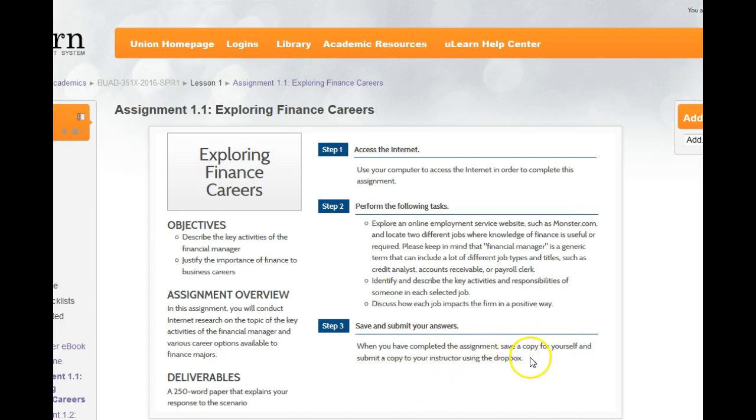But then when you've completed reading about it, identify and describe key activities and responsibilities of somebody in each selected job. You're going to pick out 3 of them. And they kind of give you some options here. You pick any ones that you want, and then discuss how each job impacts the firm in a positive way. Now remember, you're looking at it from a finance standpoint. So how does the finance job affect the firm?